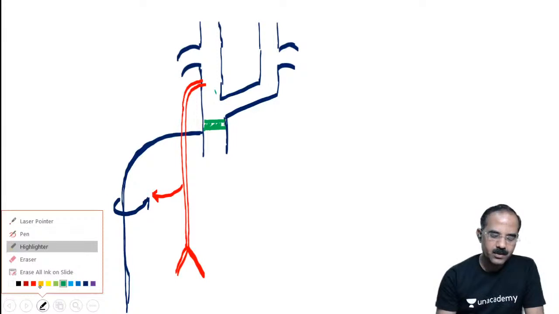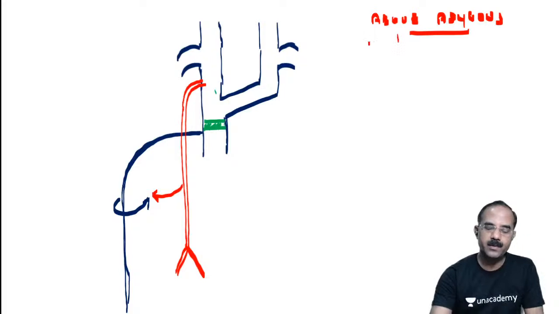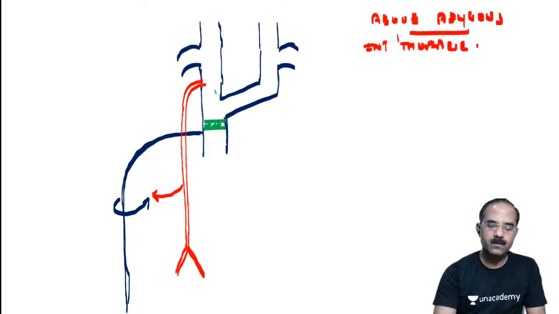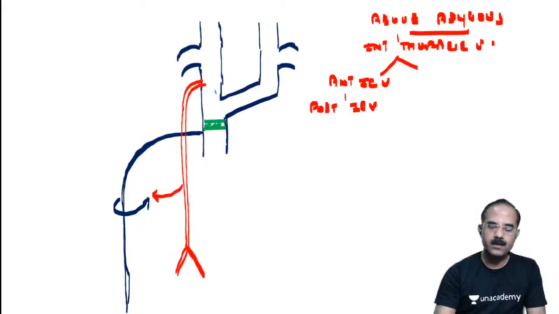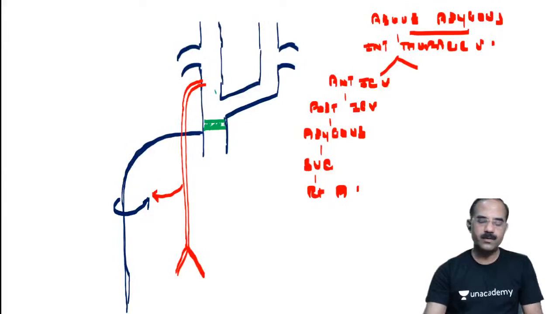Look. Obstruction to the SVC above the opening of azygous vein. So the blood goes into the internal thoracic vein. Now there are two pathways. Anterior intercostal vein, posterior intercostal vein, azygous, SVC, right atrium. Go to the other side.